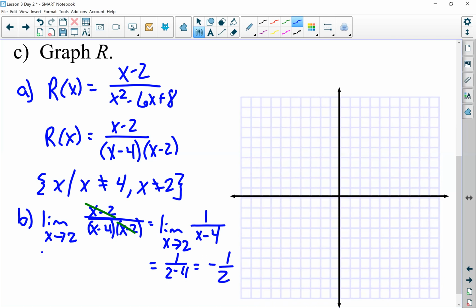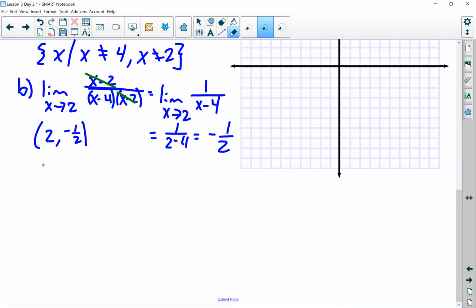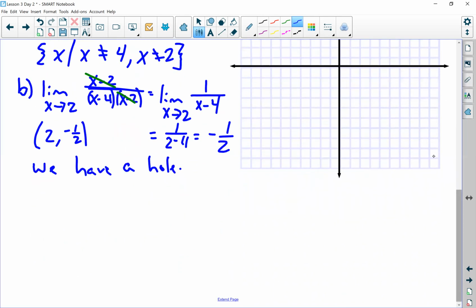So at the point 2, -1/2, we have a hole. So I'm just going to draw that in about where that would occur.